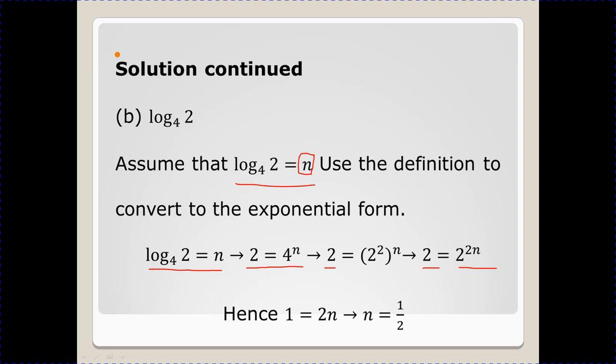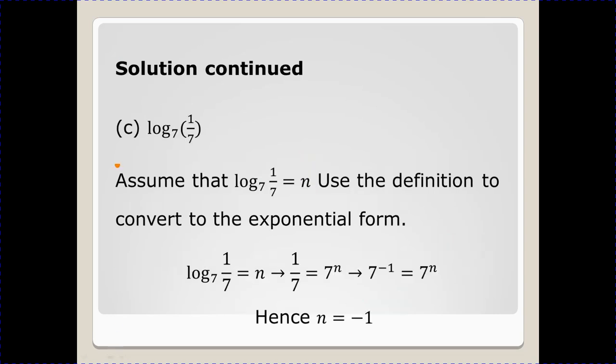So I have 2 times n, so it will be 2 to the power 2 times n. So this is 2 to the power 1 equals 2 to the power 2n. From this we can use the simple relationship: 1 equals 2n, so n equals half. So the answer of the second question is n equals half.